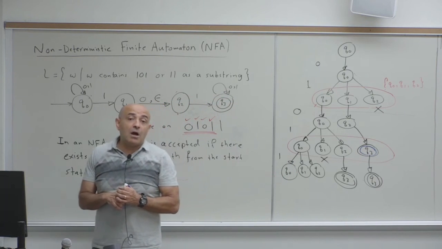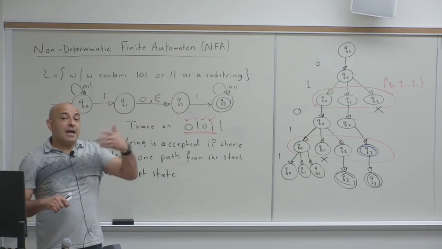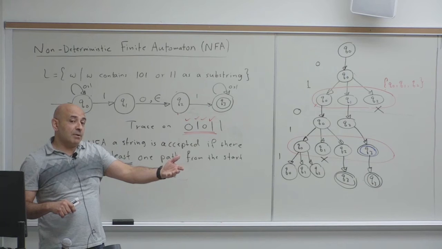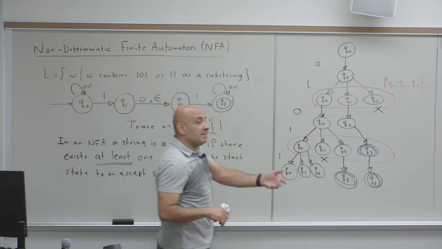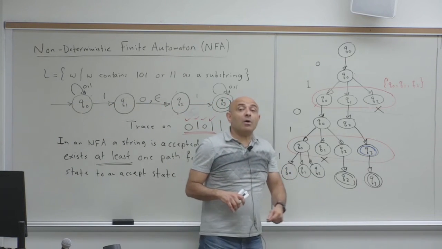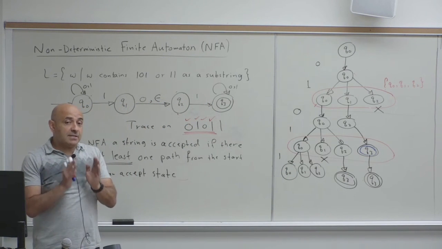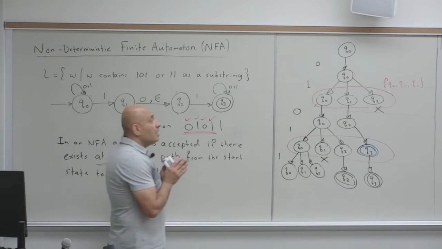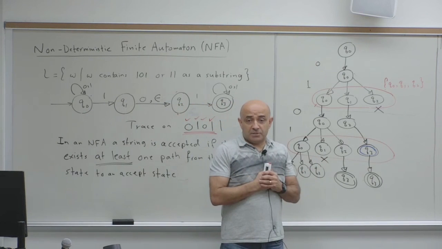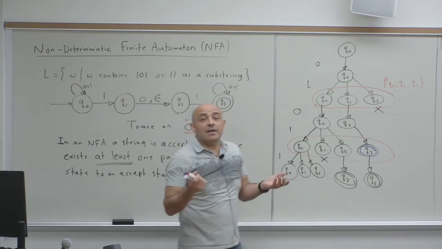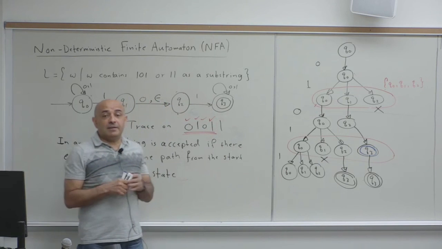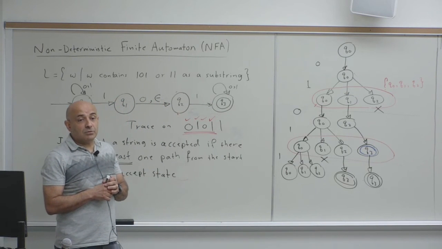It gives you the option of having multiple transitions for the same symbol, or not having a transition at all for a symbol, or having an epsilon transition. These are all options that you have when you write an NFA, but you don't have to take these options. That's why a DFA is a valid NFA. But the opposite is not true.